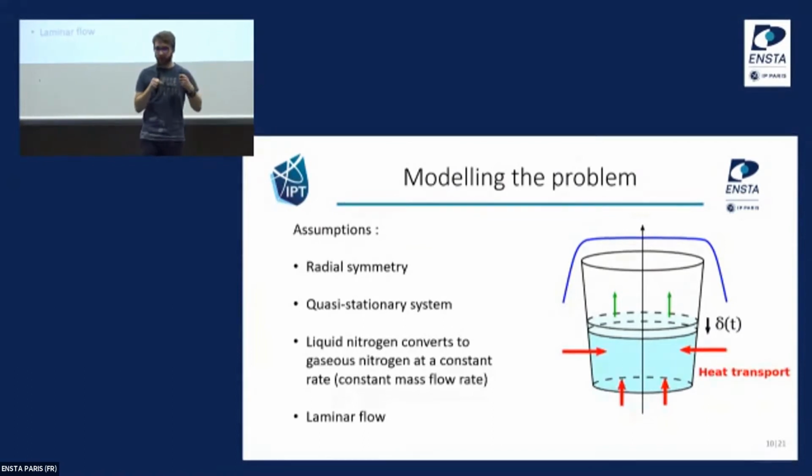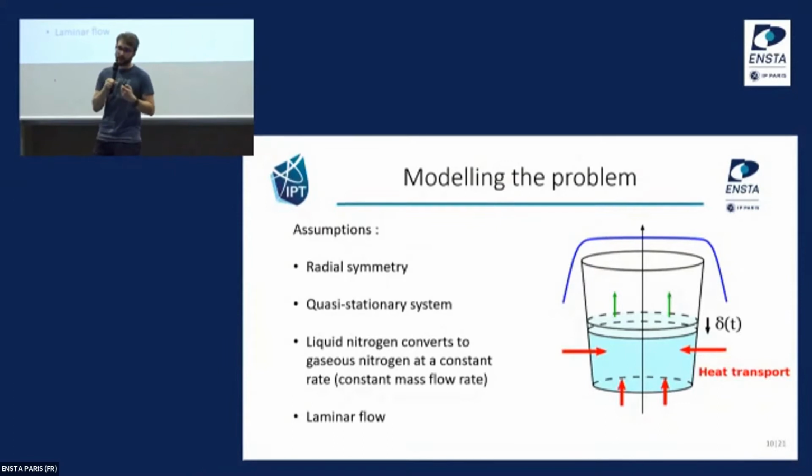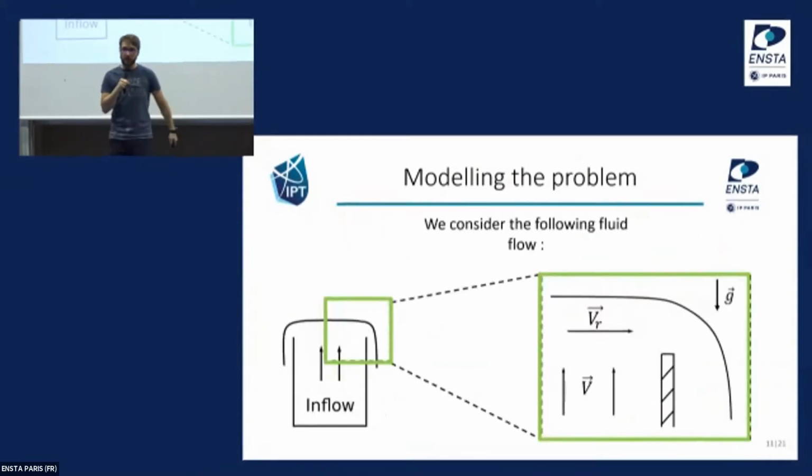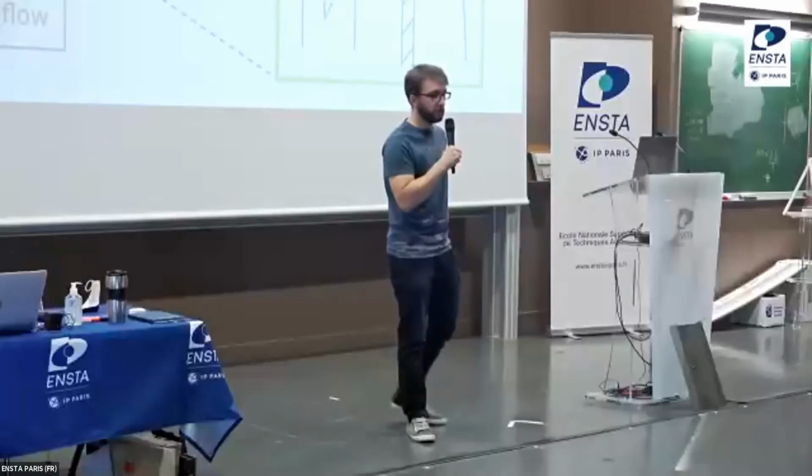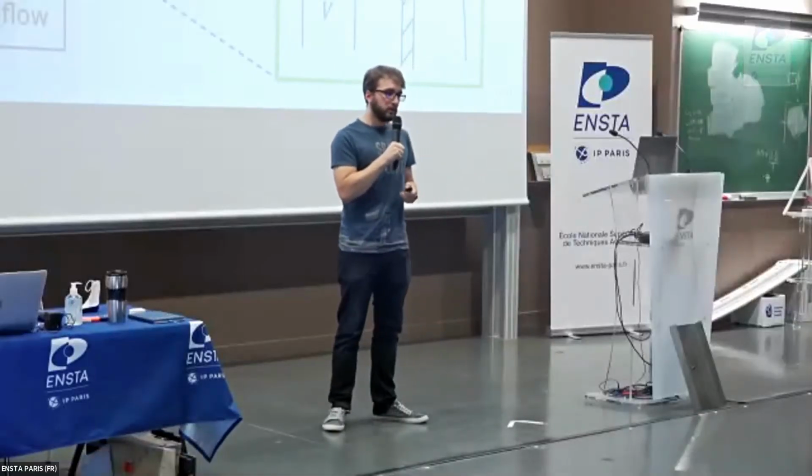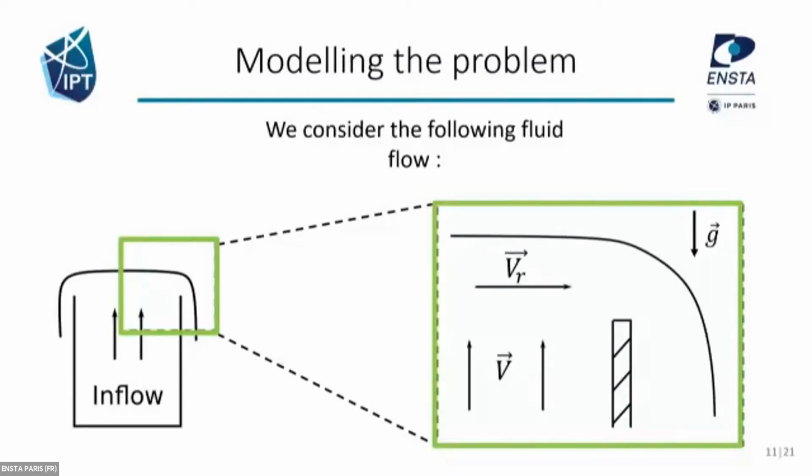We consider a constant mass flow rate because of how the beaker is being heated, and also laminar flow. This is basically how we can get an idea of what's going on. So the speed inside of the beaker is perfectly vertical. And then the gas pours out just with a radial component out of the beaker.